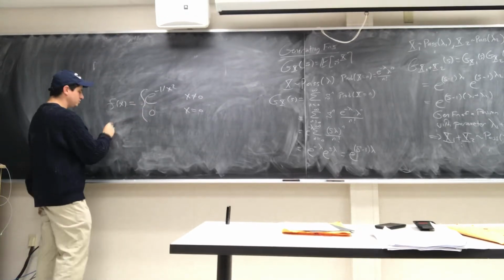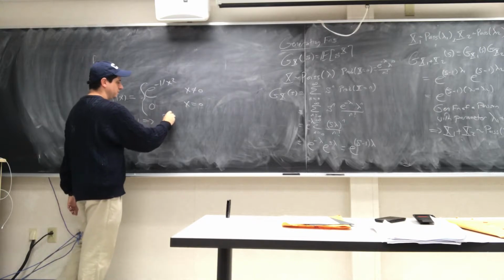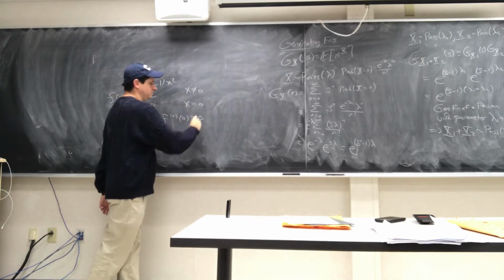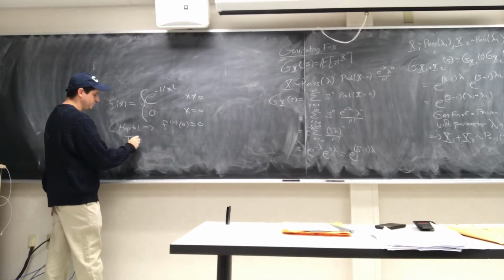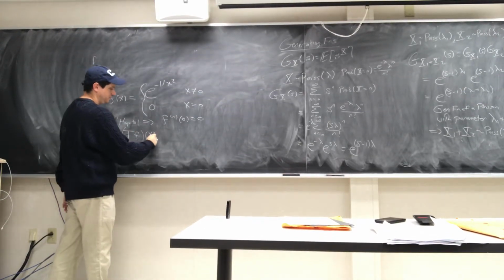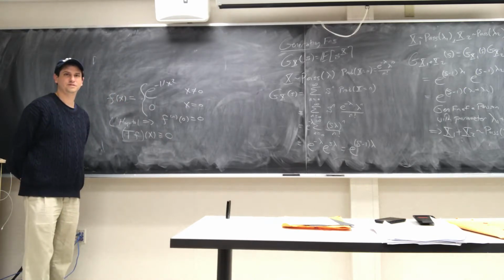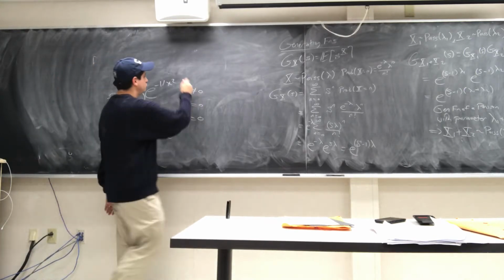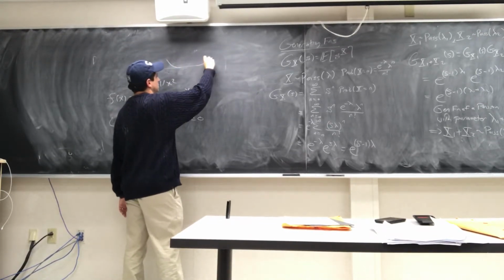So you have to use L'Hopital's rule. And if you do the calculation, you get the nth derivative at 0 is always 0. So if you write the Taylor series of this function, it's identically 0. This function has tremendous decay near the origin.